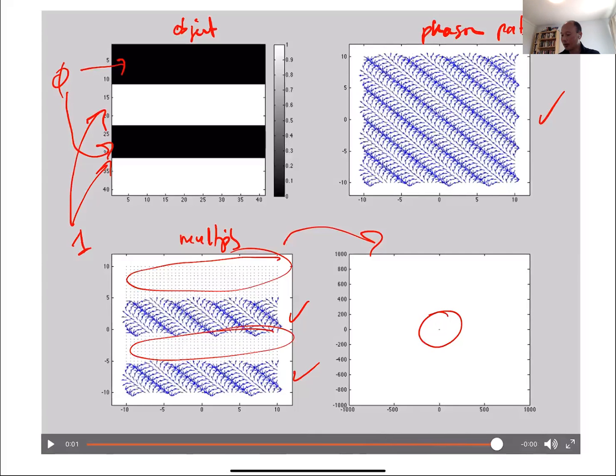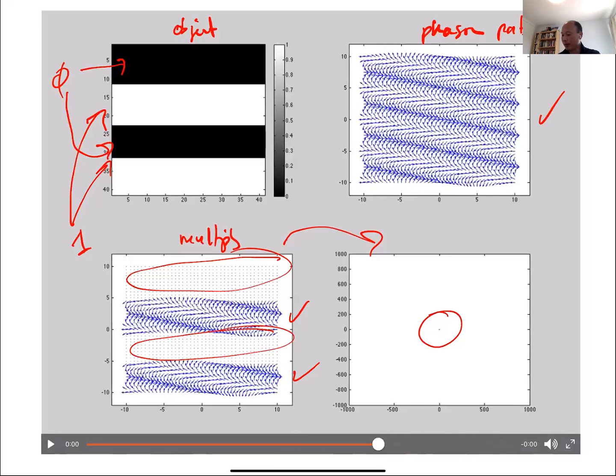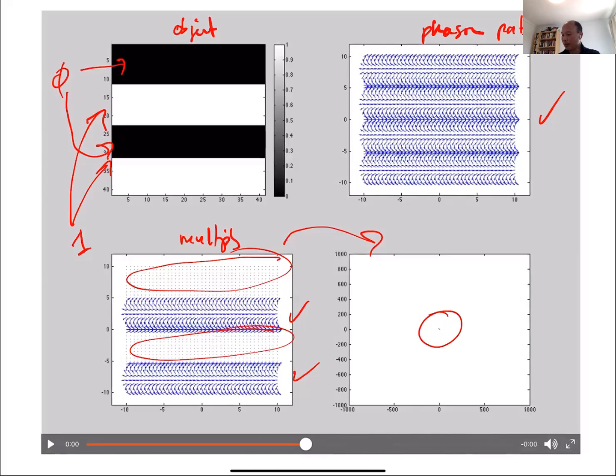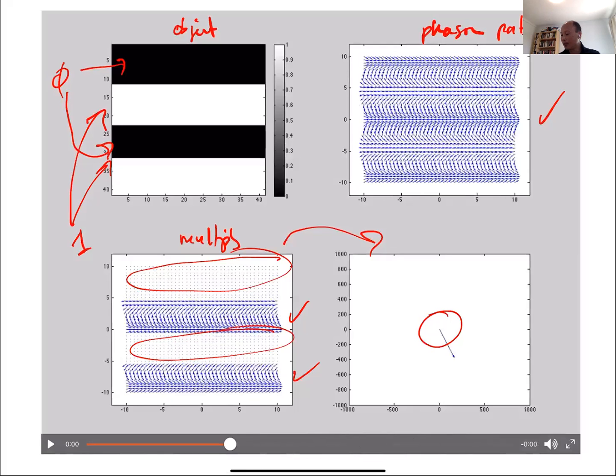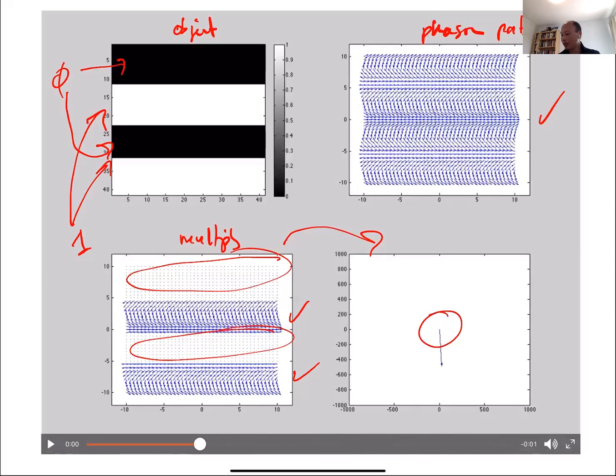Okay. And let's see where we get a big spatial pattern. Here we're actually getting a fairly big vector sum, because you notice my spatial pattern has a period that's roughly the same as the period of my object.